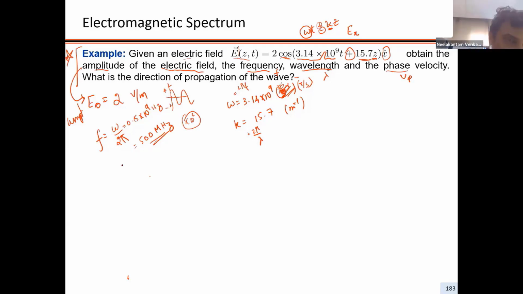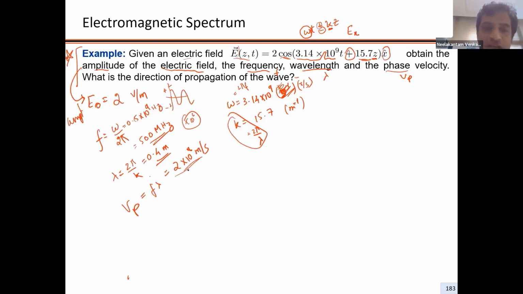How about the wavelength? Wavelength is going to be 2 pi upon k, and that's going to be 0.4 meters. The phase velocity, the final one that is asked, is going to be f times lambda, and that is going to be 2 into 10 power 8 meters per second.